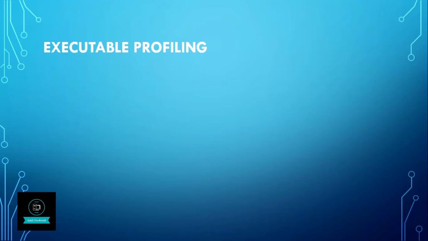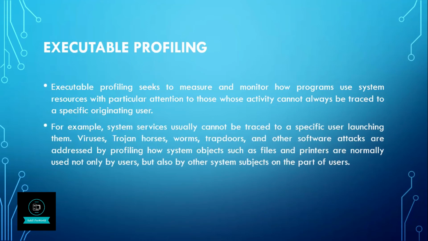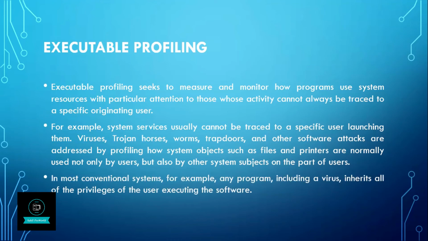The last one is executable profiling. Executable profiling seeks to measure and monitor how programs use system resources, with particular attention to those activities that can't always be traced to a specific originating user. For example, system services usually can't be traced to a specific user launching them. Viruses, Trojan horses, worms, trapdoors, and other software attacks are addressed by profiling how system objects such as files and printers are normally used, not only by users but also by other system subjects on the part of users.